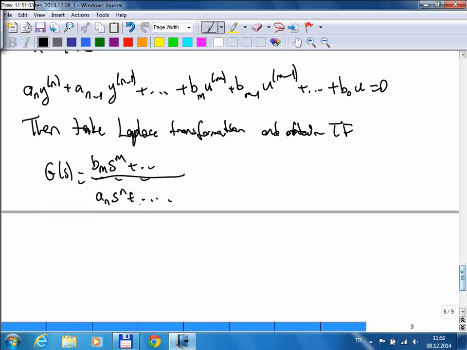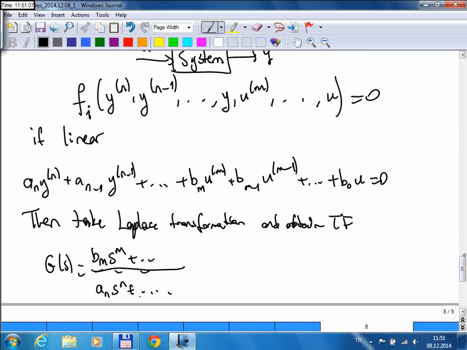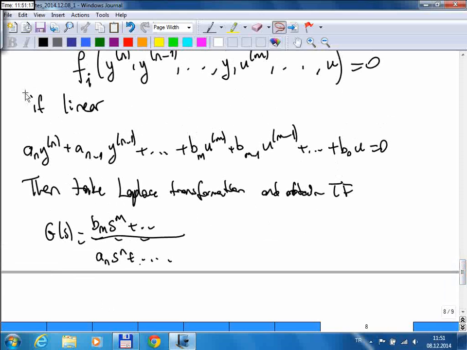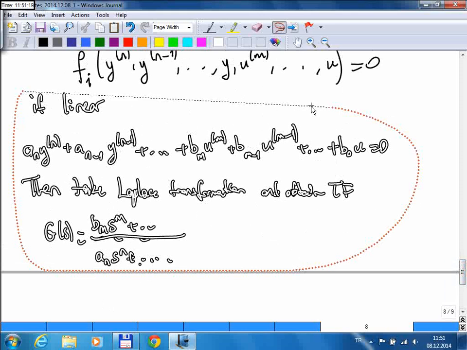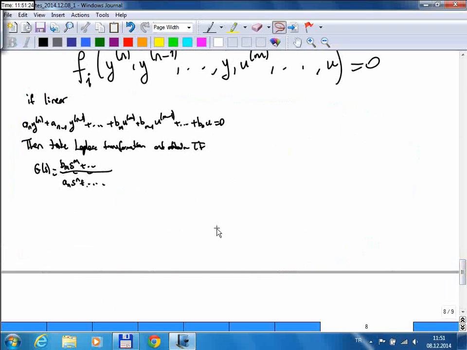Now, this state space approach is yet another approach to make the system analysis easy. So this was one option. Now let me just copy everything here and condense it a little bit.